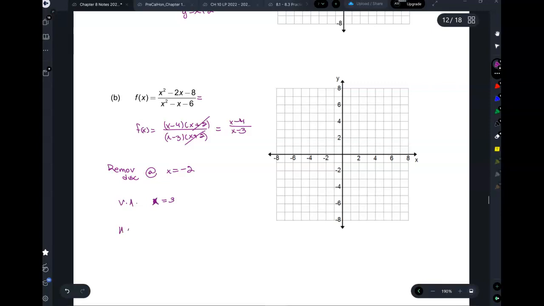What is the horizontal asymptote? Y equals 1. What is x equals 4? That's a 0. Good. Okay, so at x equals 4, there is a 0. Y equals 1 is a horizontal asymptote. X equals 3.